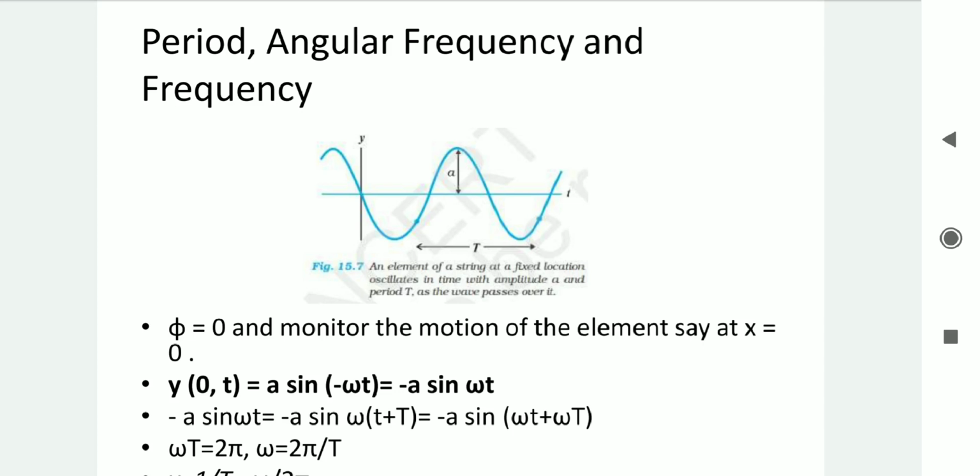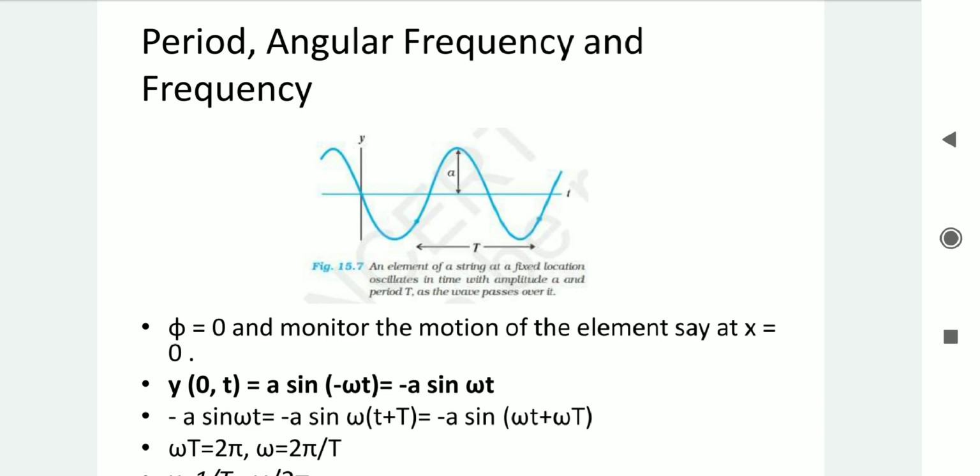Here we are taking initial phase φ equal to 0 and monitor the motion of the wave at x equal to 0 position. So the equation we are having is y(x, t) = a sin(kx − ωt + φ).